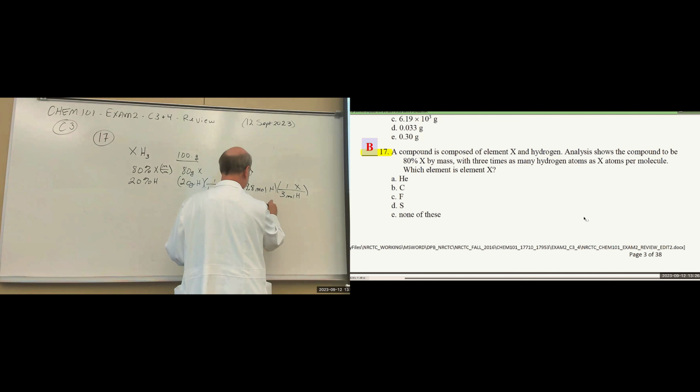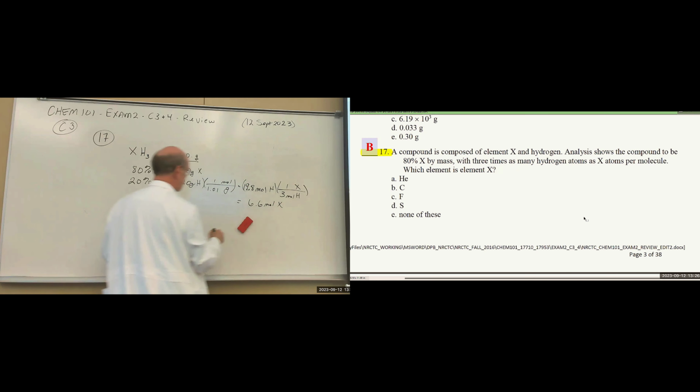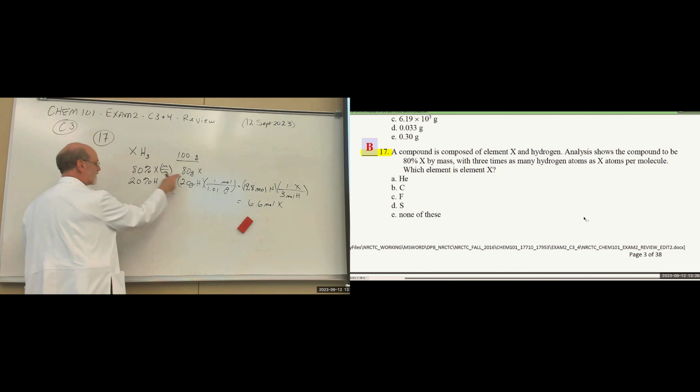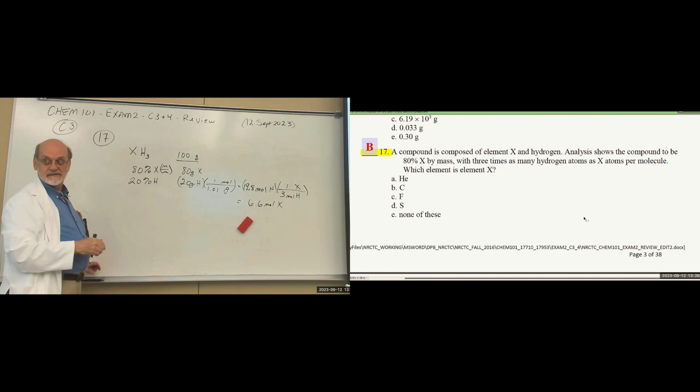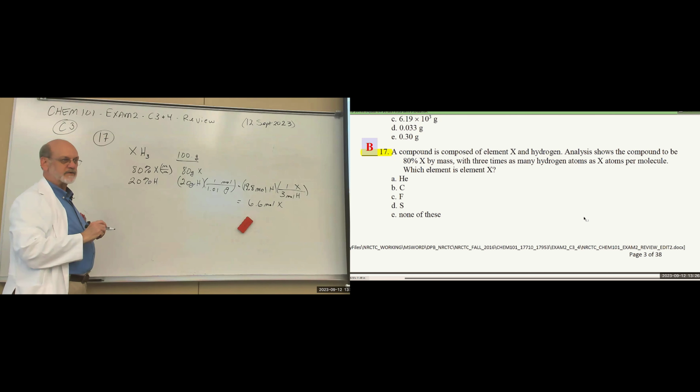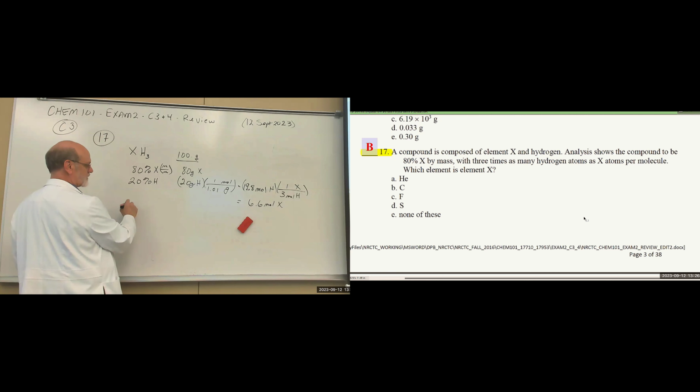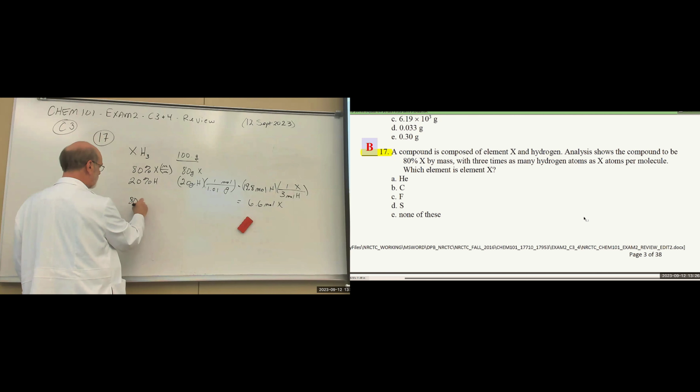So we actually have 6.6 moles of X. We have moles of X, we have the mass of X. We can calculate its molar mass, can't we? Did I lose anybody yet? Okay, so we have 80 grams per 6.6 moles.